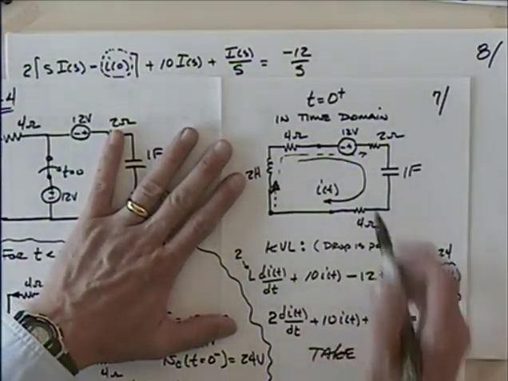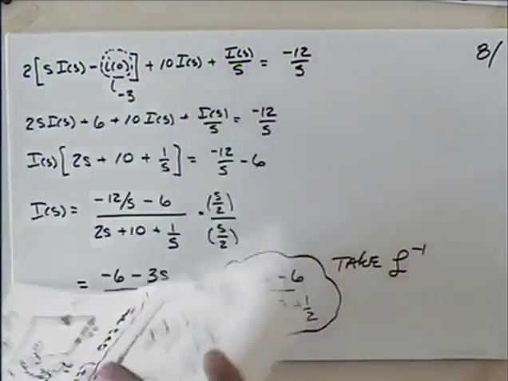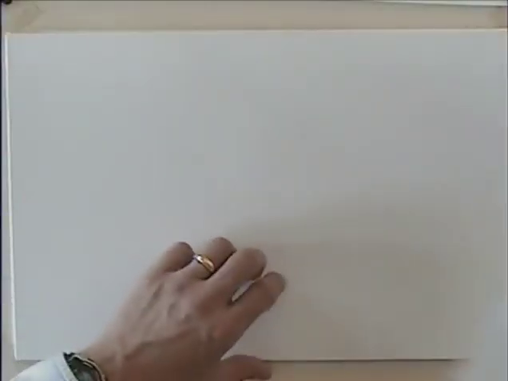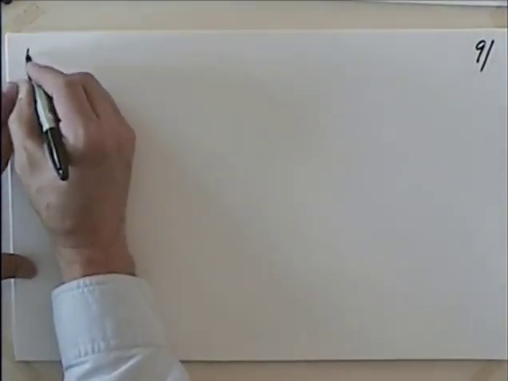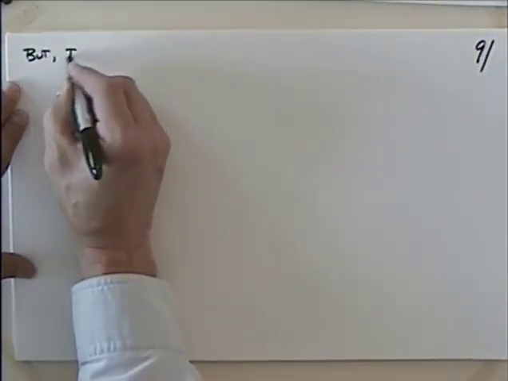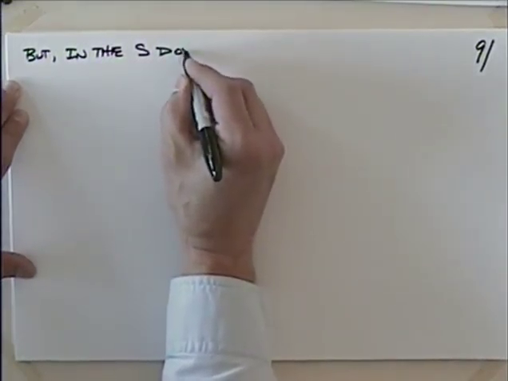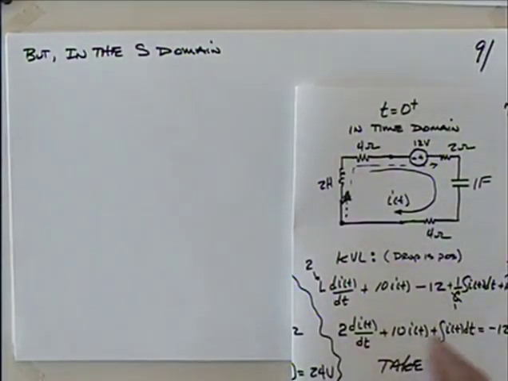I don't know that I will finish it, but in the time domain we had something like this, right? So let's see what that looks like in the s domain. What's this thing going to look like in the s domain?